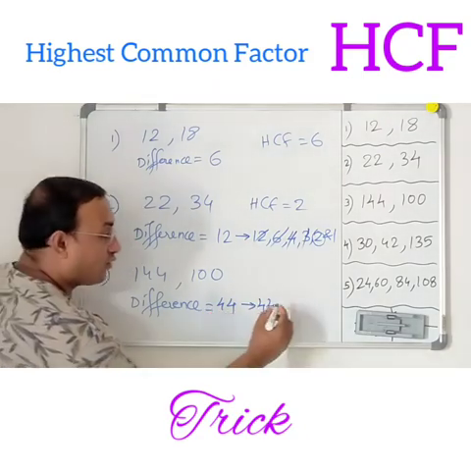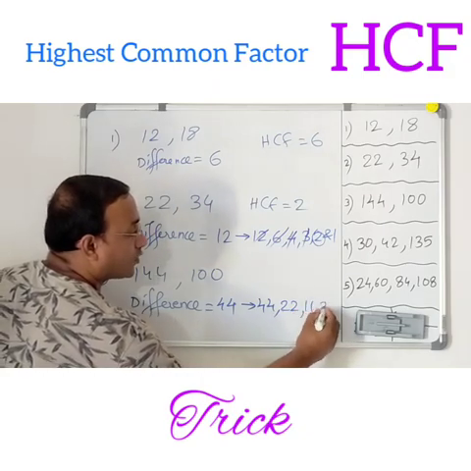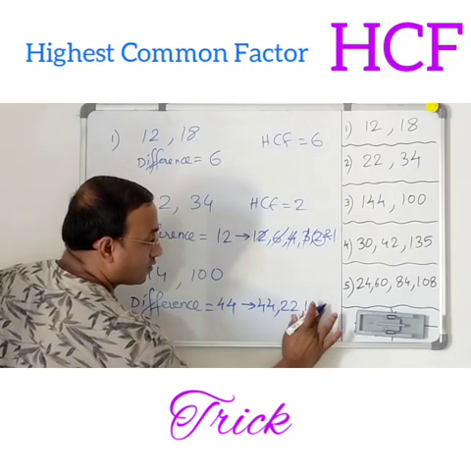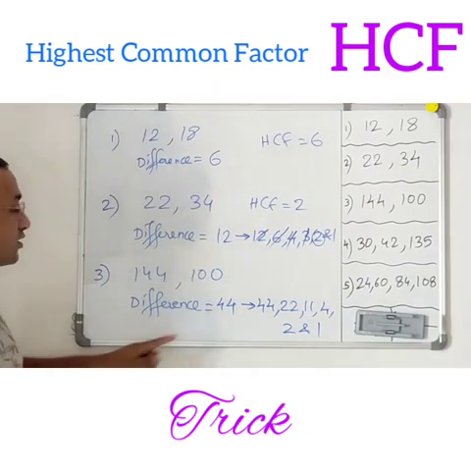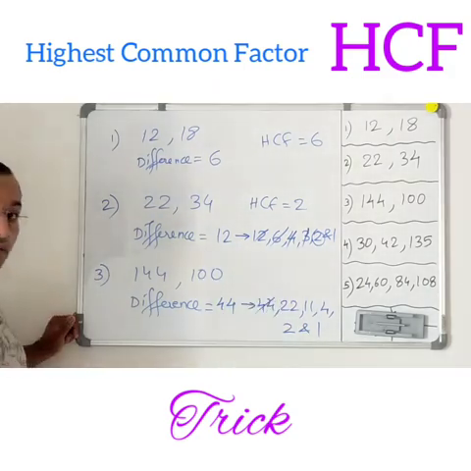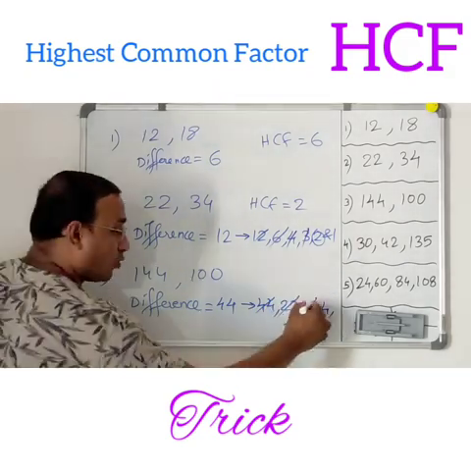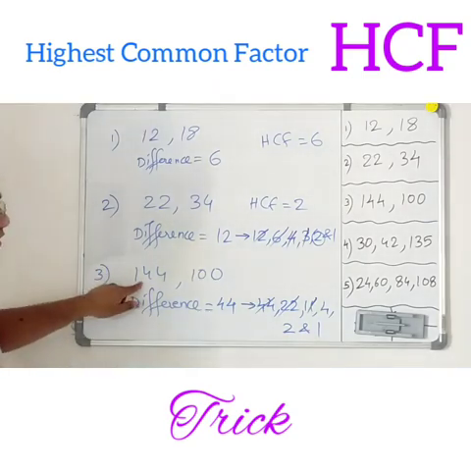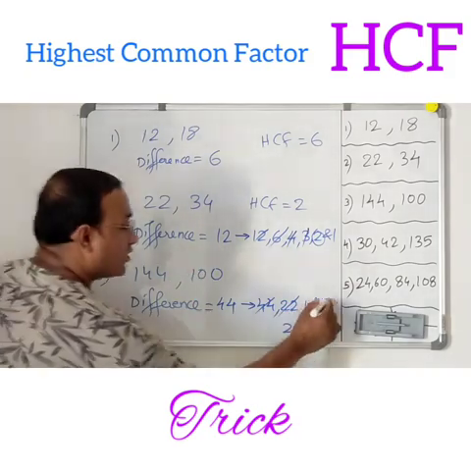Factors of 44: 44, 22, 11, 4, 2 and 1. So these are the factors of 44. Let us check now. We know that 44 doesn't divide. Does 22 divide? No. Does 11 divide these both? No. Does 4 divide? 4 divides this 36 times and 4 divides this 25 times. So I think HCF is 4.